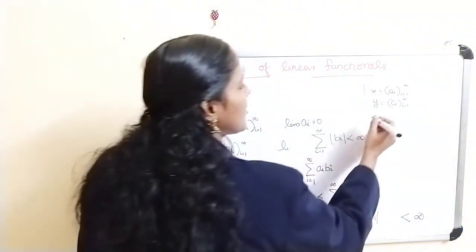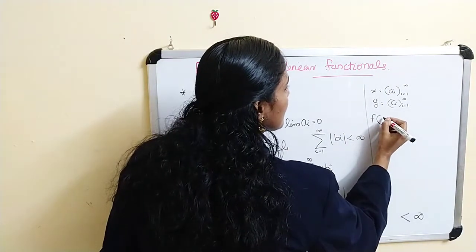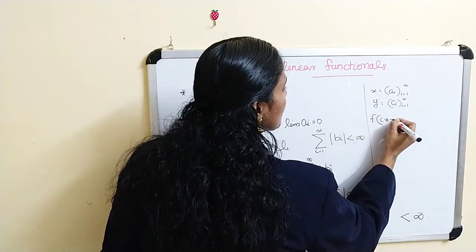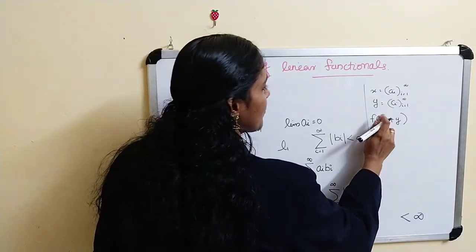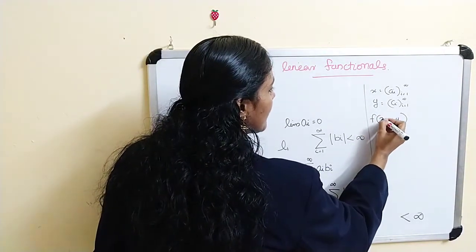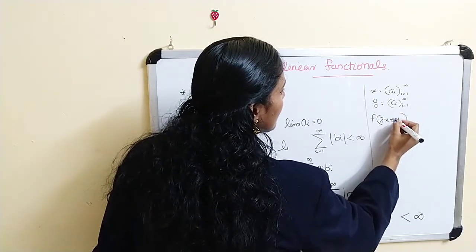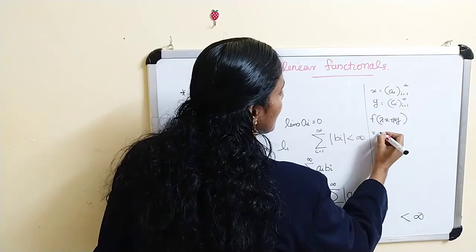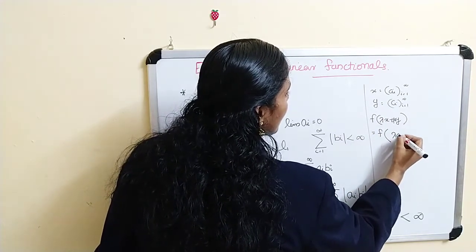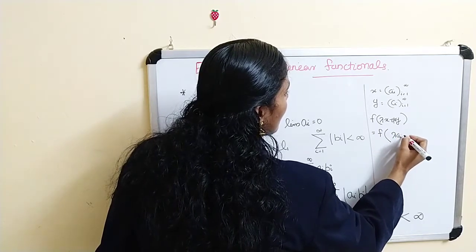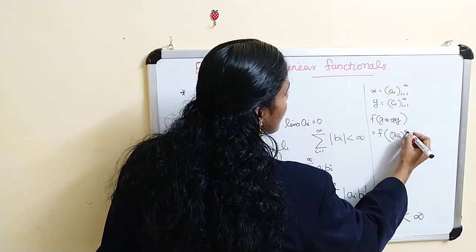Now what is f of λx + μy? We have to prove this. This is equal to f of (λa_i + μc_i), i varies from 1 to infinity.